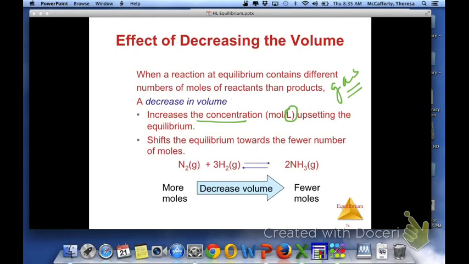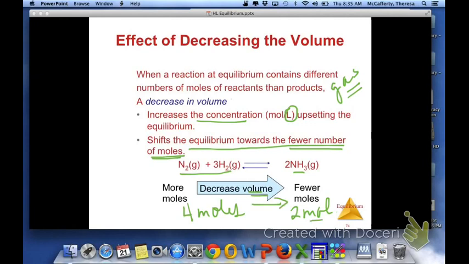The effect is that for a gaseous system, when I decrease the volume, it is going to shift the equilibrium towards the fewer number of moles. So if you look here, I have 4 moles of gas on the reactant side, I have 2 moles of gas on the product side. If I decrease the volume, it is going to shift the equilibrium towards the side with fewer moles.